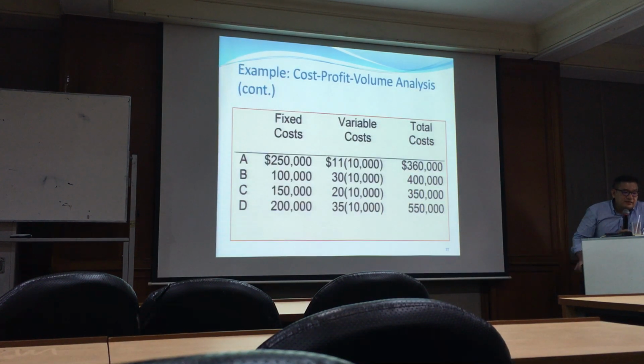If you consider producing just 10,000 units, we multiply 10,000 by the variable cost, combine it with the fixed cost, and you get the total cost. In this case, C is the best. But how about a different output? If it's not 10,000, is C still the best one? We don't know.